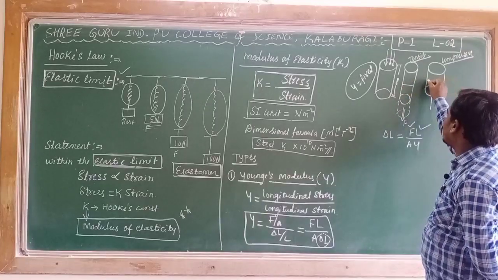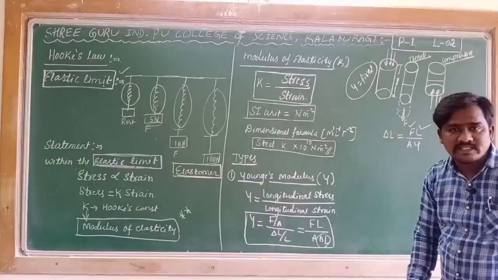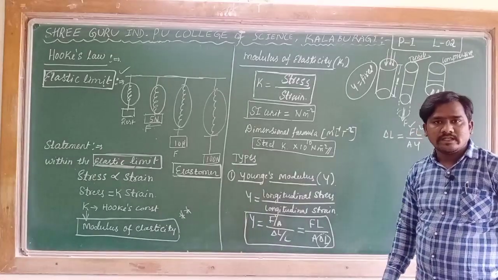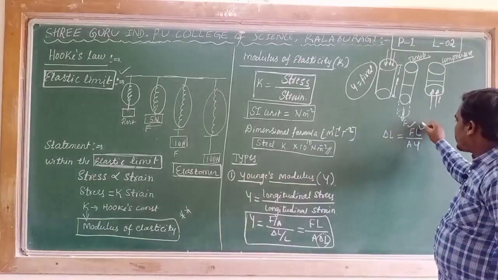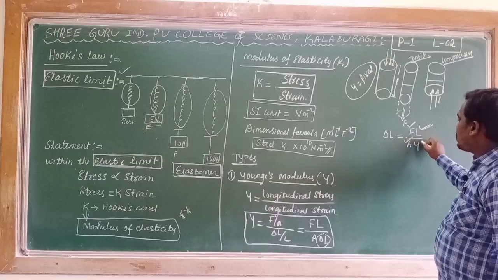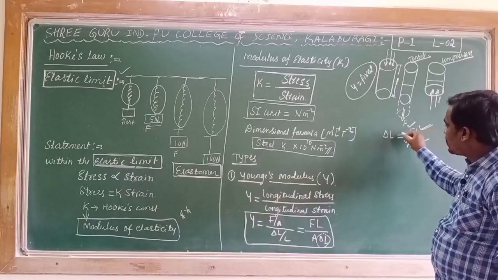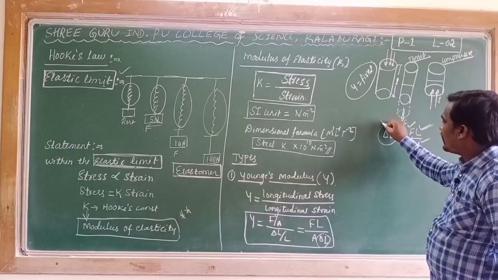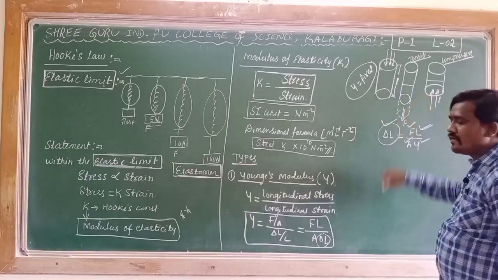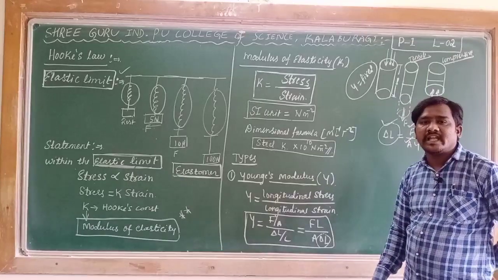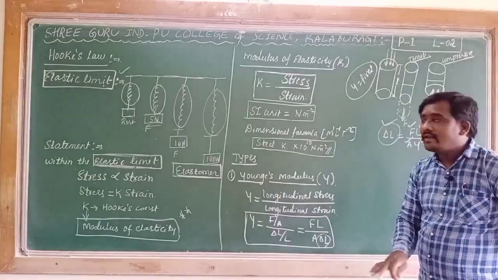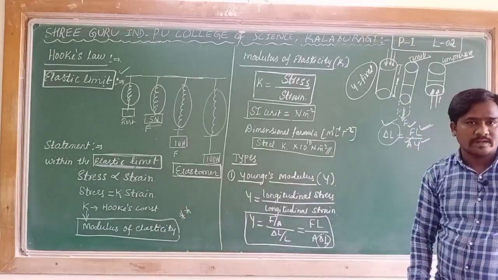If length decreases, diameter increases. F is fixed, L is fixed, area is also fixed, and Young's modulus of a particular substance is also fixed. We should find the delta L. We are going to find the change in length of a particular solid by using this formula.